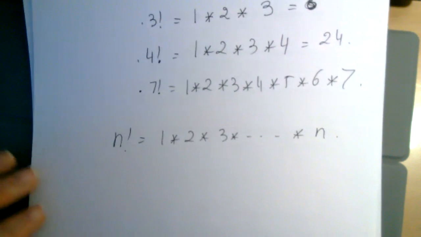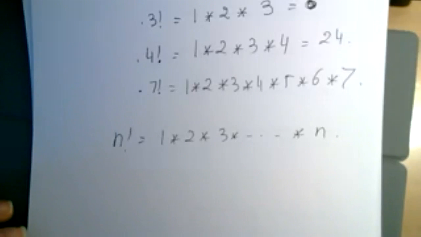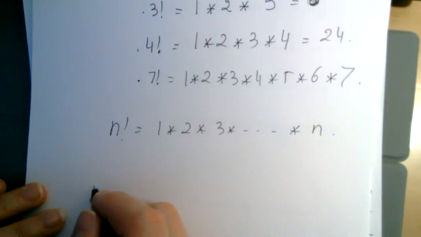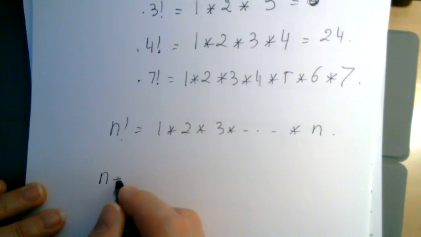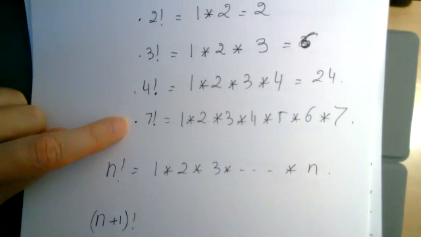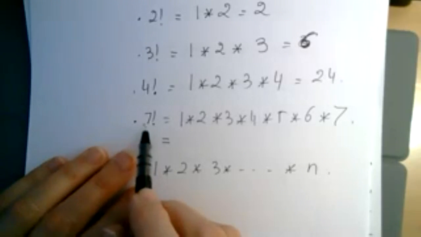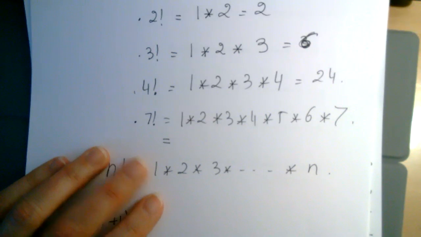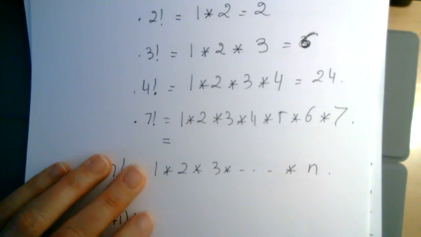Now, before I do my example, I'm going to say one thing because we're going to use this fact a lot. I'm going to go back to 7 factorial before I state my result. How can I relate 7 factorial to 6 factorial? Can anybody tell me? I want to find a relationship between 7 factorial and 6 factorial.